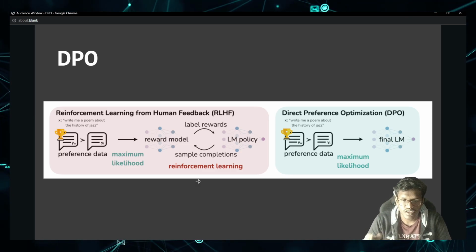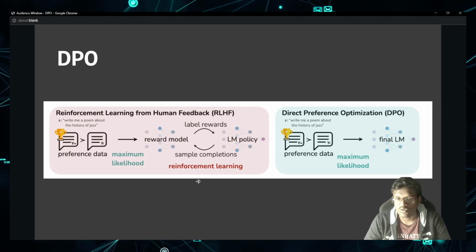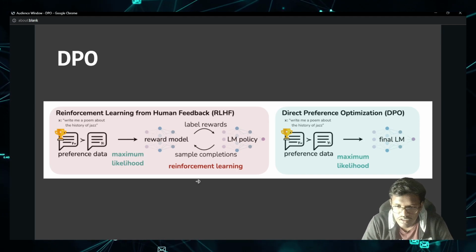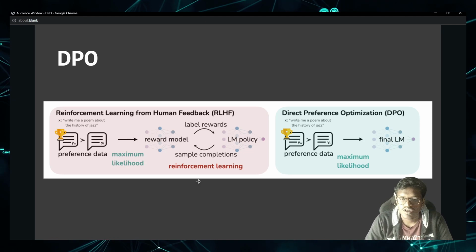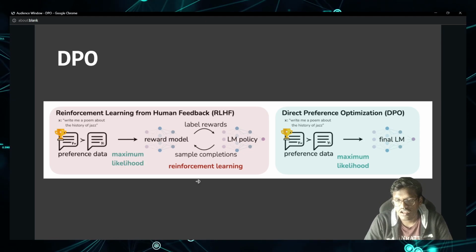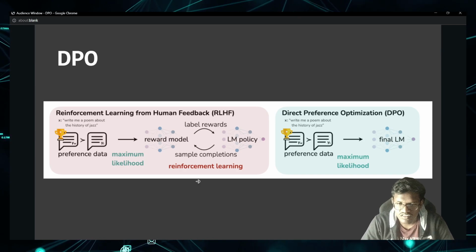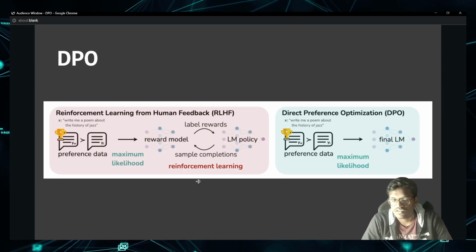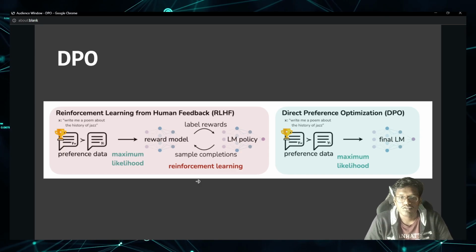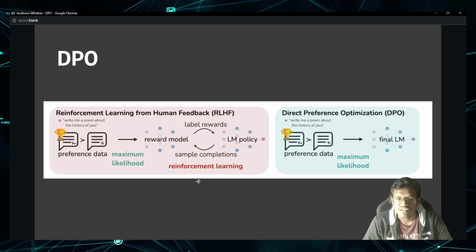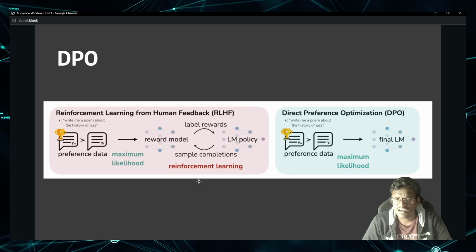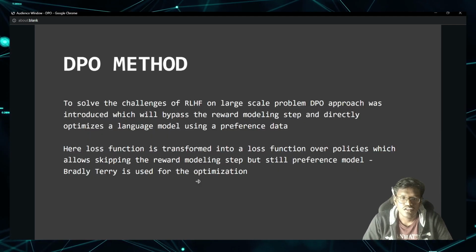It will optimize the LM policy, and then again the completion will go to reward model. This will happen in a cycle. But here in DPO, what happens is you'll be calculating the maximum likelihood, and in the DPO loss function itself, it will try to optimize it. Okay. So like you see, the reward model is not at all needed here. So it will occur in a single stage.